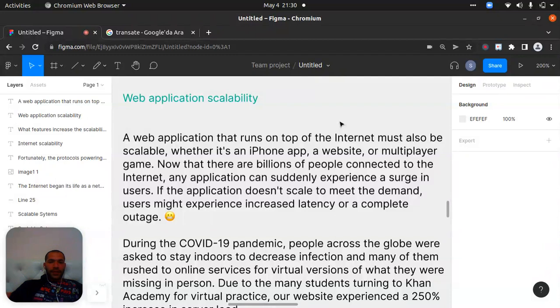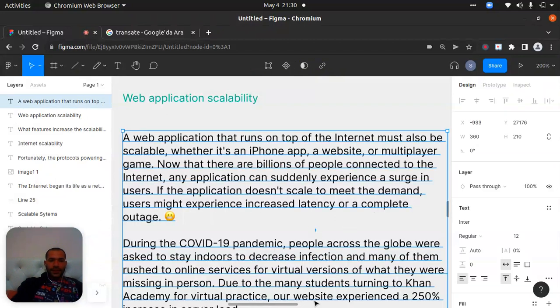Now that there are billions of people connected to the internet, an application can suddenly experience a surge in its users. If the application doesn't scale to meet the demand, users might experience increased latency or a complete outage.